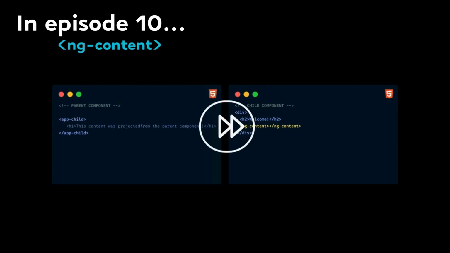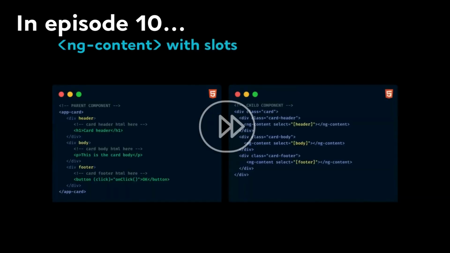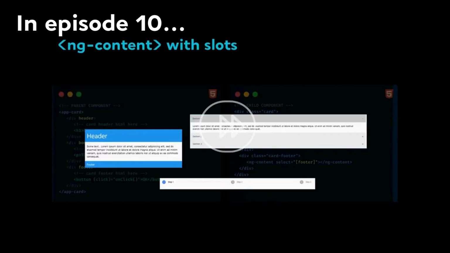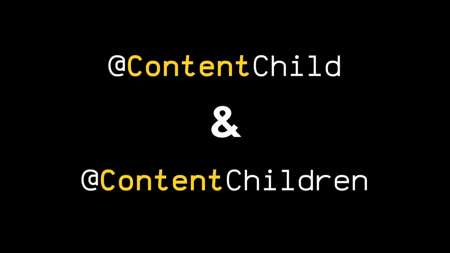Well, ContentChild and ContentChildren decorators come into play when you need to access the ng-content or projected content within your component. They provide a way to interact with the projected content. So, get ready to unlock the full potential of ContentChild and ContentChildren decorators in this episode.